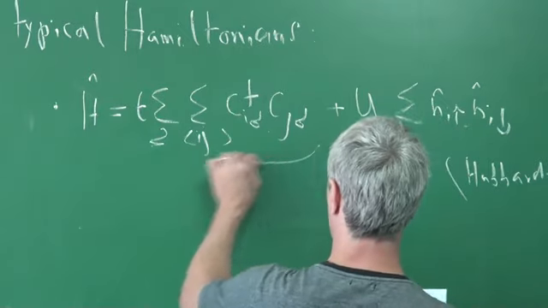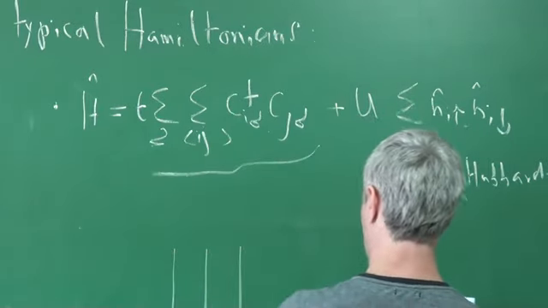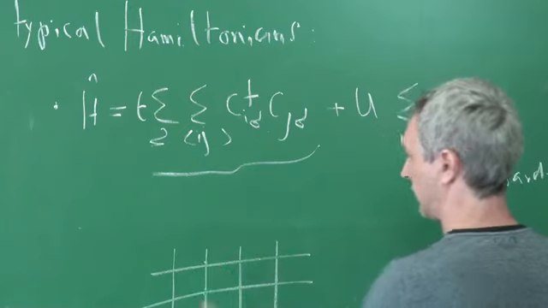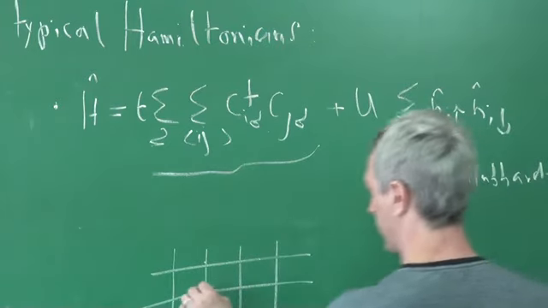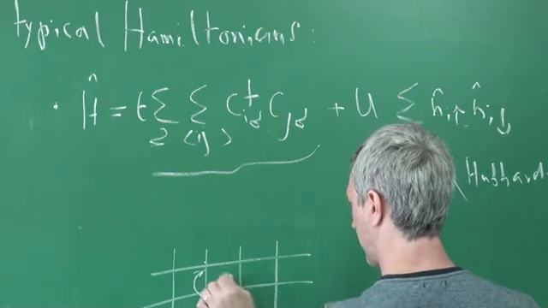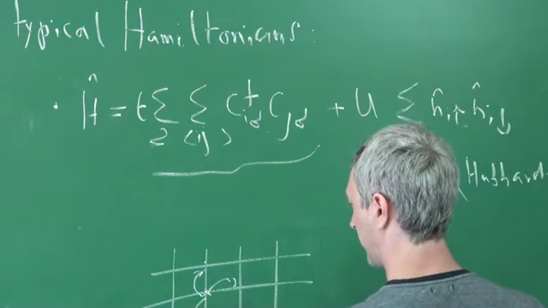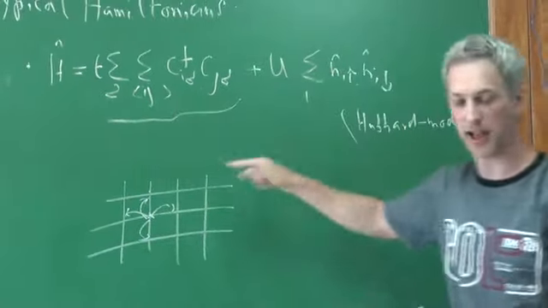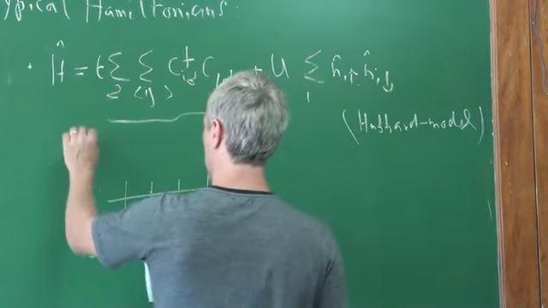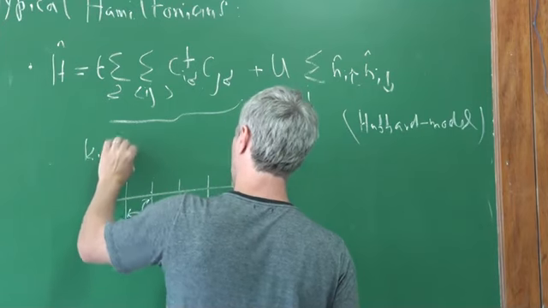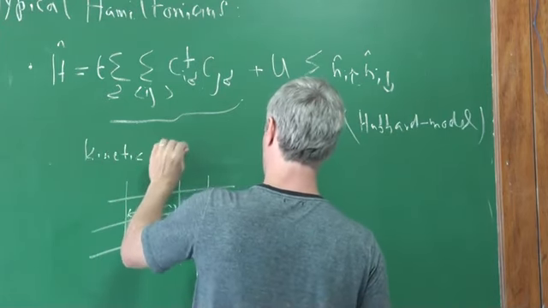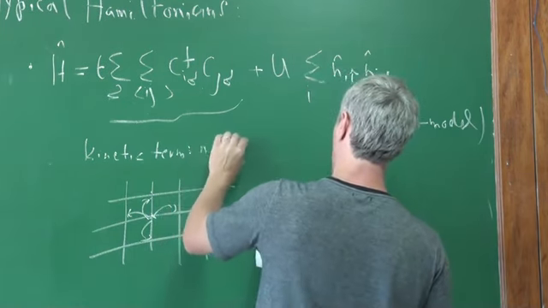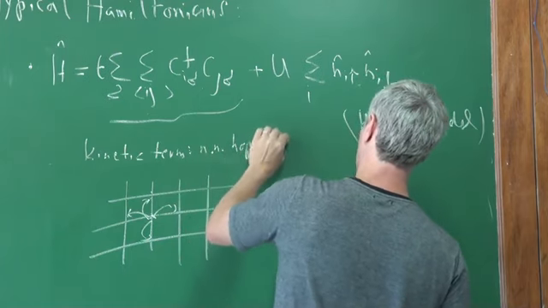So you have, let's make a picture, some d-dimensional lattice, where on each site you can create electrons, and the first term describes a kinetic energy term, which describes hopping between nearest neighbor sites. That's the kinetic term, which describes nearest neighbor hopping on some lattice.